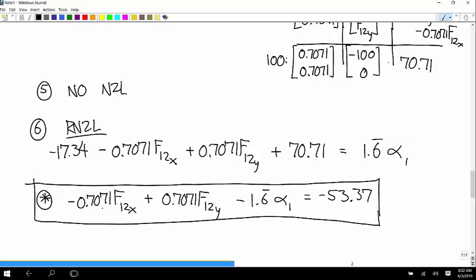And we have one equation, 3 variables, so we can't solve it yet. So we're just setting that aside for our big system.